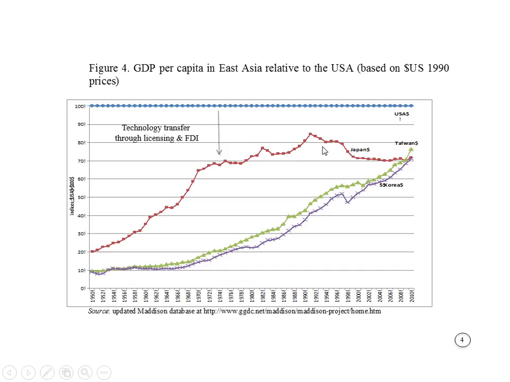These Japanese multinational firms learned the technology through licensing. It was mainly licensing and FDI, foreign direct investment, from the US. They didn't rely a lot on foreign direct investment. It was more licensing of technology and sometimes stealing the technology.